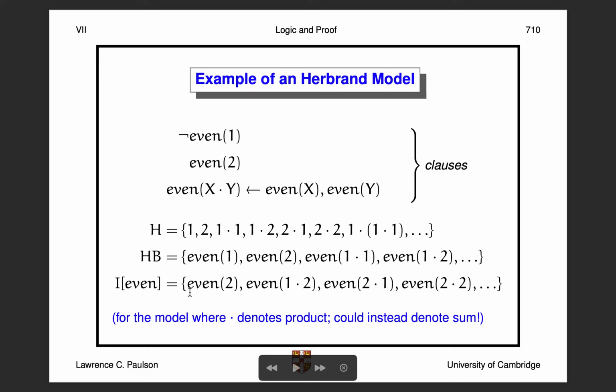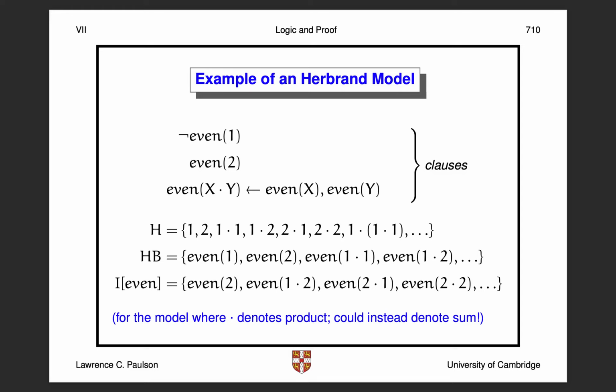And those are all the ones that go into this interpretation of even. And it will turn out that if you then take the Herbrand model, which is purely syntactic, and therefore the Herbrand interpretation of even, which is simply this list of formulas, this also will satisfy the clauses here.